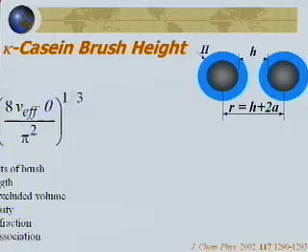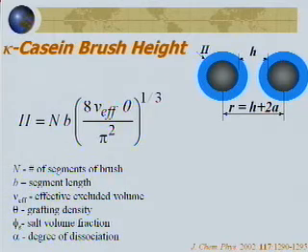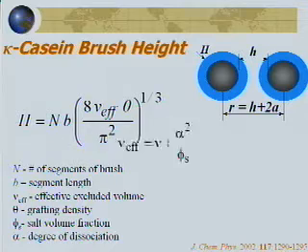And this h is determined by the number of polymer segments n times the segment length b, and it's also determined by the effective excluded volume, which is v_eff, and the density of surface coverage, which is theta here. And the effective excluded volume has two parts.